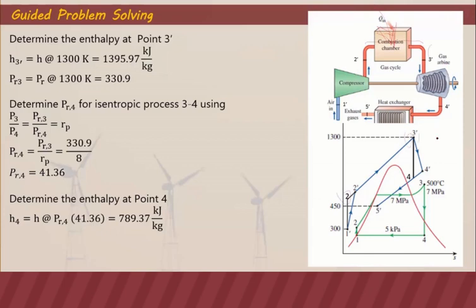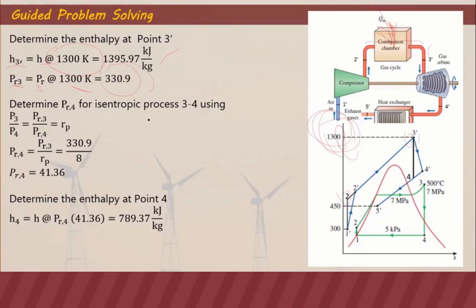Since 3 prime is given as 1300 Kelvin, H3 prime is just the enthalpy at 1300 Kelvin, using the table. We also need to get PR3 so that we can get PR4. PR3 is the Prandtl number at 1300 Kelvin, and that is 330.9.